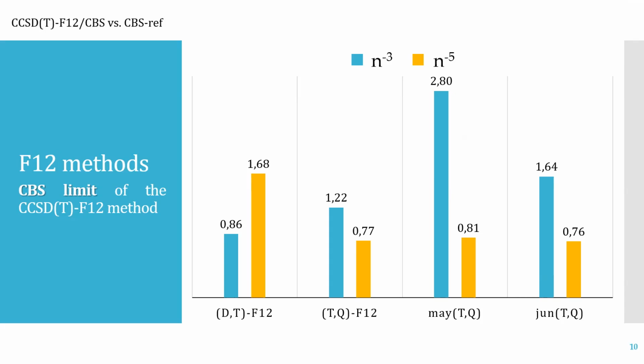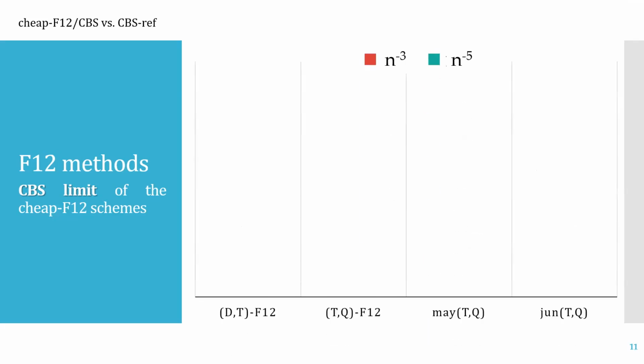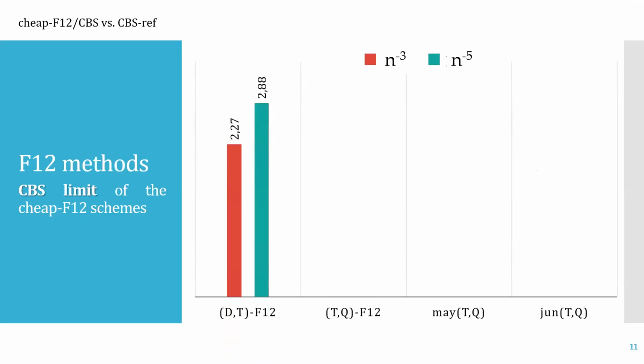Then, if we focus on our cheap scheme, we have the same two extrapolations, we have the same basis sets, and we see that the errors with double and triple zeta F12 are much larger. And this time we are extrapolating the MP2 energy, and we add the MP2-F12 energy to the CCSD(T)-F12.